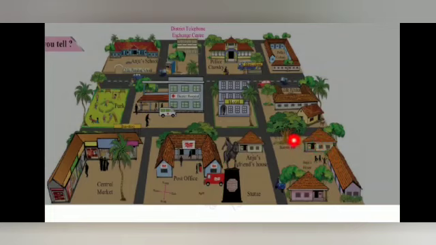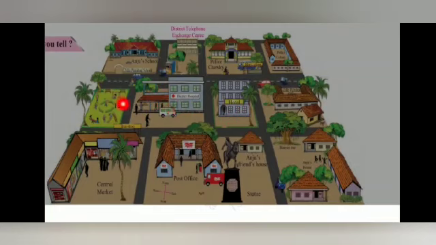In her colony, there is a banyan tree. Next comes the Zilla Parishad office, which is situated next to Anju's house. Near to that office, there is a hotel. And beside that, there is also a district hospital.